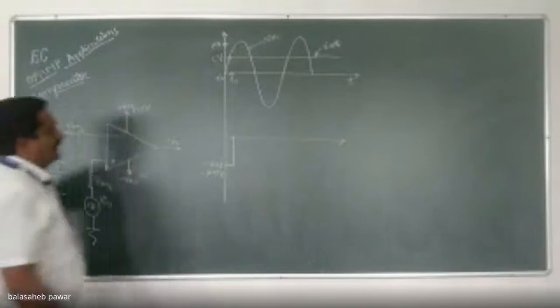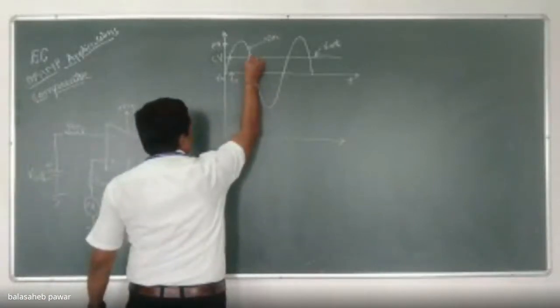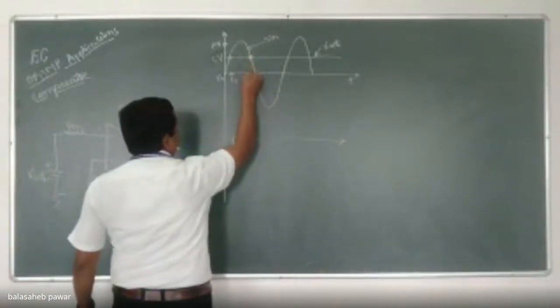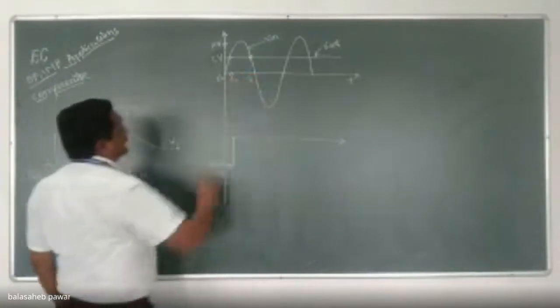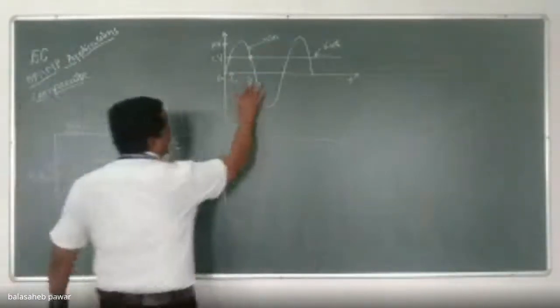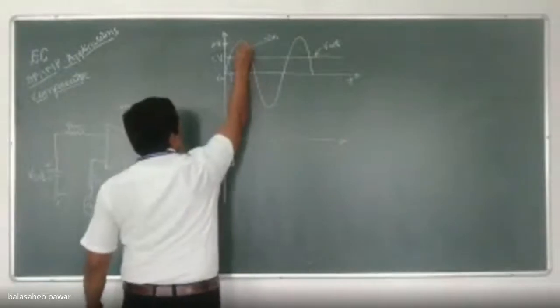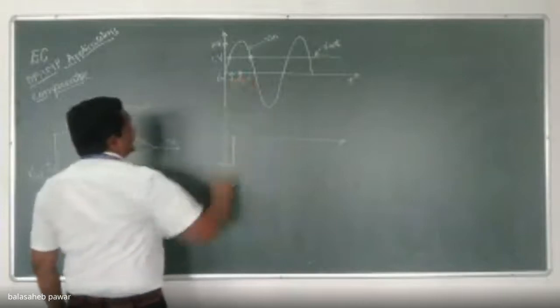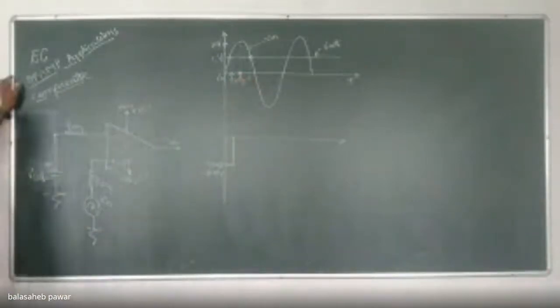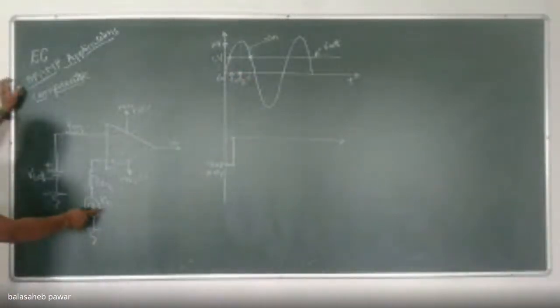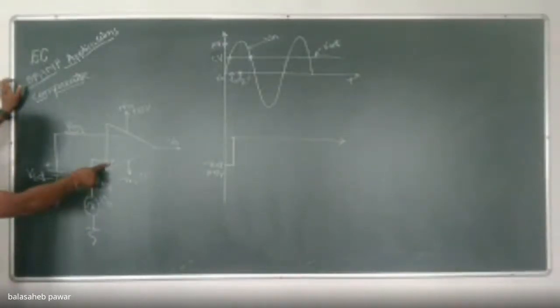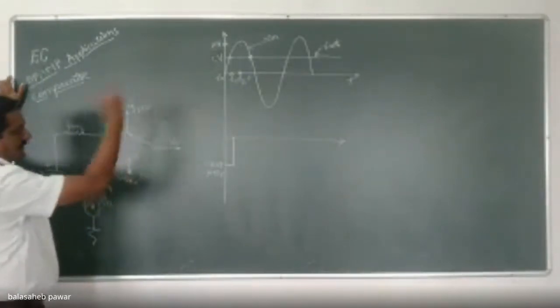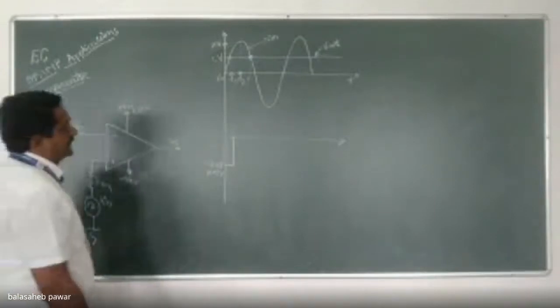Later on, I will take another time period, that is T2, which I will consider at its peak value. So see, at t equals T2, V in is greater than V reference, right? V in is connected to the non-inverting terminal, and that's why the output will get switched to plus Vsat, right?